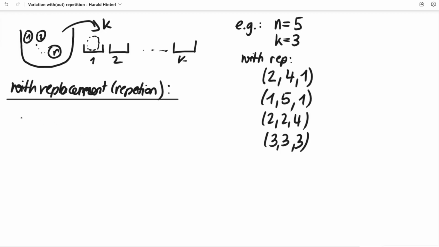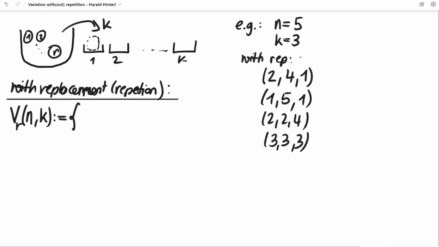So how can we describe this in general? This is described by the set variation of n balls taking k. And with repetition, so we use a small index r, subscript r. How to describe it?